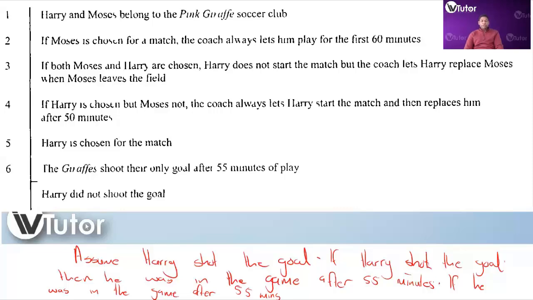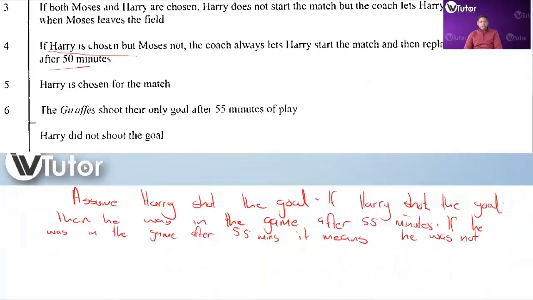So if Harry is chosen but Moses is not, the coach always lets Harry start and replaces him after 50 minutes. So Harry is not chosen, right? So if he was in the game after 55 minutes, it means he was not chosen for the match.